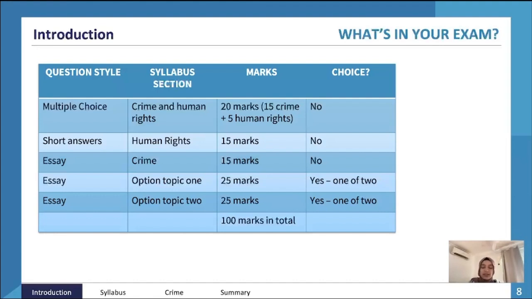So something that I did was I would always put in the work, put in the hours, put in that practice to make sure that I could do the best possible job to achieve the marks that I wanted to achieve. So yeah, that's basically a summary of where your 100 marks are coming from in the legal studies exam.